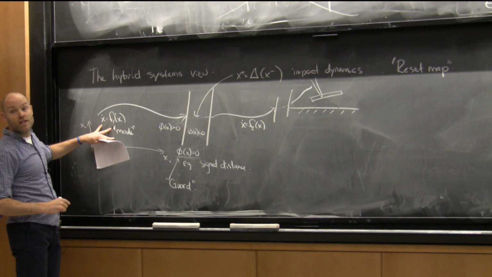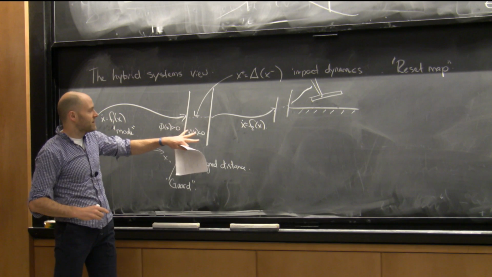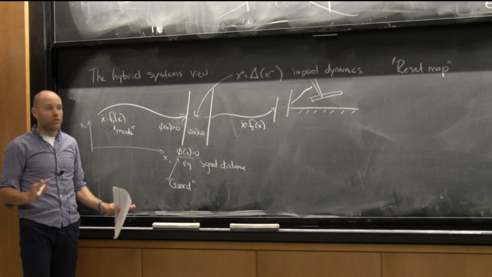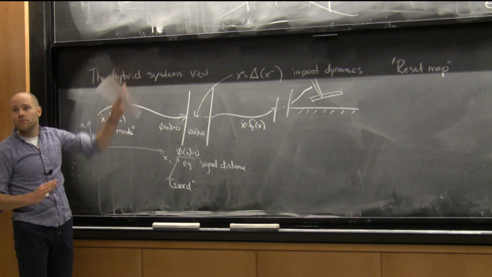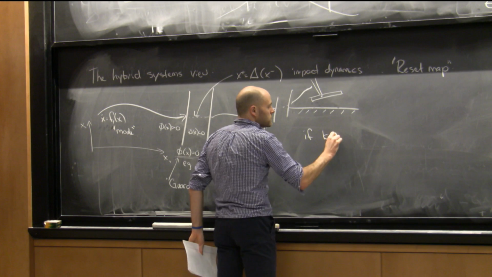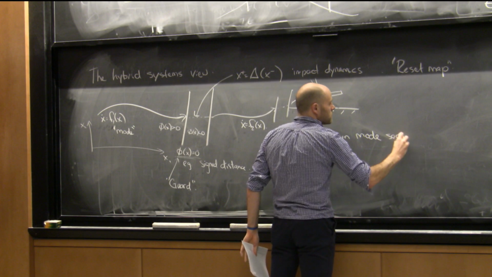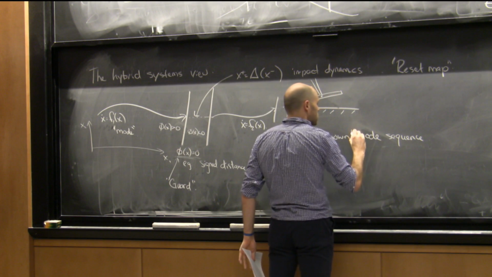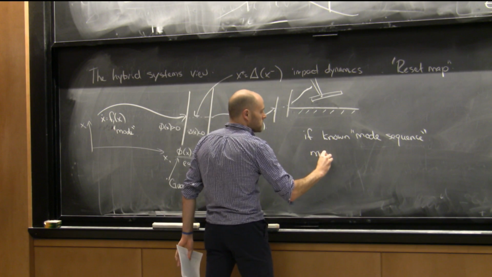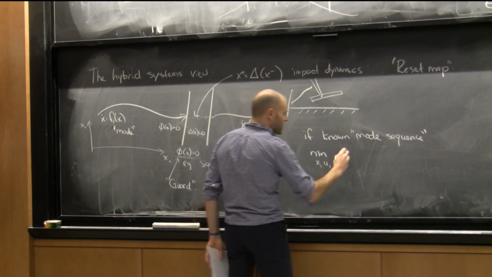So if I know my mode sequence, I know I'm going to have a few points in F1, and then a reset, and then a few points in F2, then I can write down a trajectory optimization very naturally, just like I did for the rimless wheel, but only a little bit more generic. Then I can write down: minimize over xi, ui, hi.